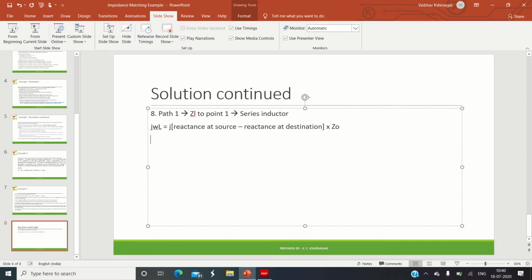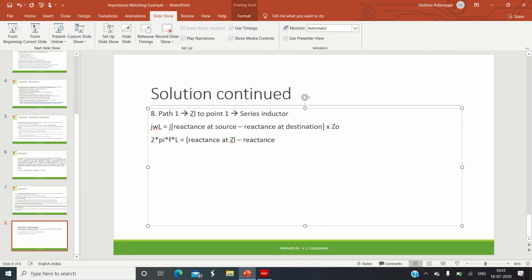On the left hand side, j omega L, the imaginary part j gets cancelled on both sides. So I will directly write omega as 2 pi f, so 2 pi f into L is equal to the reactance at the source point, which is ZL, minus the reactance at the destination point.